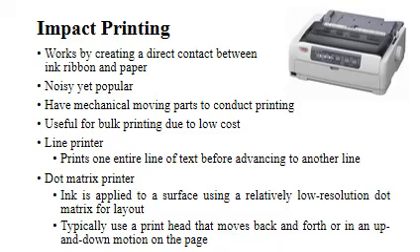Dot matrix printers typically use a print head that moves back and forth or in an up and down motion on the page and prints by impact, striking an ink-soaked cloth ribbon against the paper, much like the print mechanism on a typewriter or line printer. However, a dot matrix printer is able to print arbitrary patterns and not just specific characters.